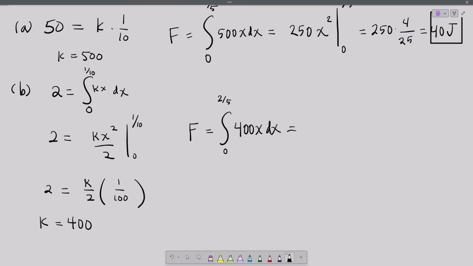Do the integration and we get 200x squared from 0 to 2/5. So we're going to have 200 multiplied by 4/25. And 4/25, we can divide the 25 into 200 and get 8. And 8 times 4 is 32. 32 joules.